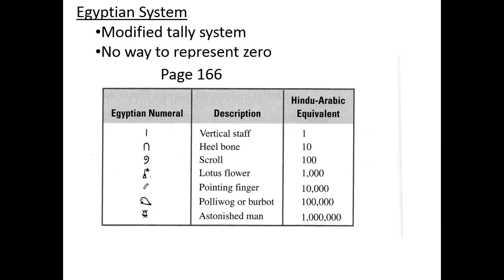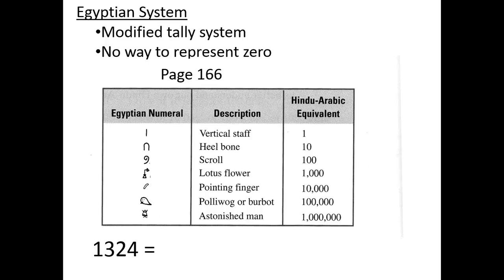Then there's a scroll that represents 100. There is a lotus flower for 1,000, a pointing finger for 10,000, a polliwog for 100,000, and then my very favorite symbol, astonished man, represents 1,000,000.